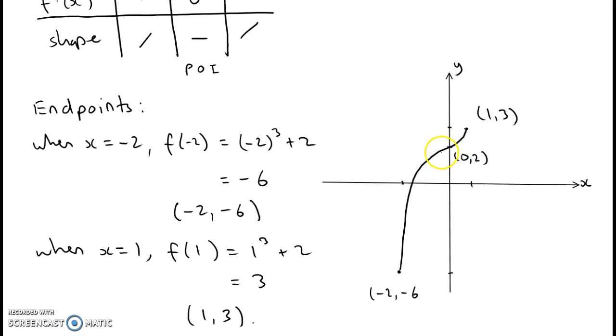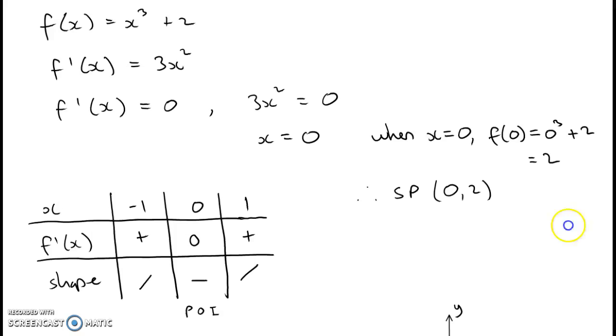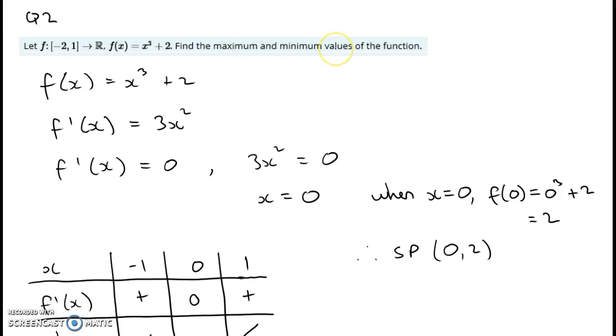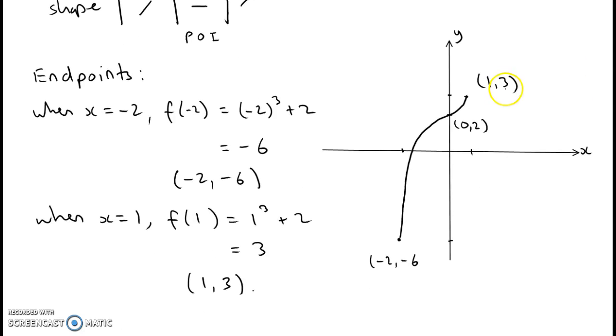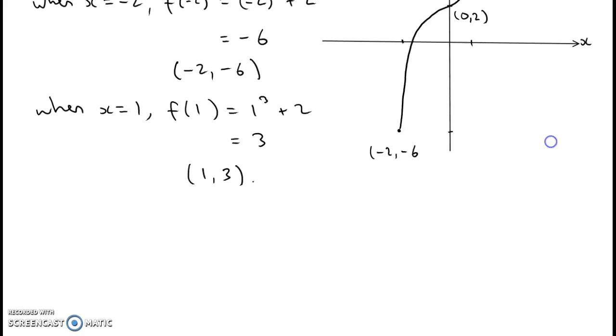It was a stationary point and it was a point of inflection, so it was neither maximum or minimum. But to answer the actual question, which was asking us to find the maximum and minimum values of this function, the maximum value we can see is 3, and the minimum value we can see is negative 6. Max value is 3. Min value is negative 6.